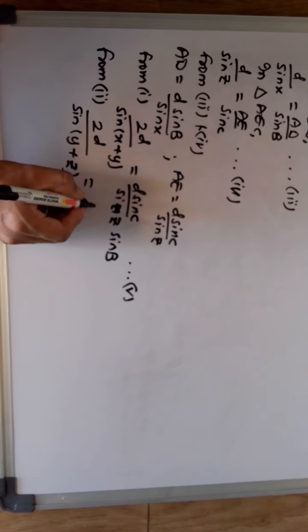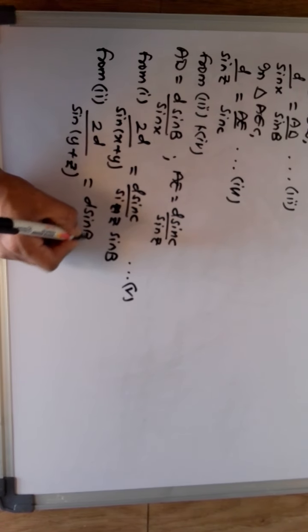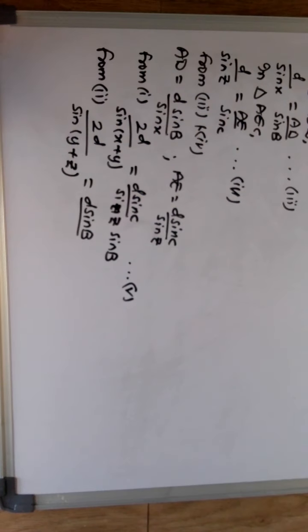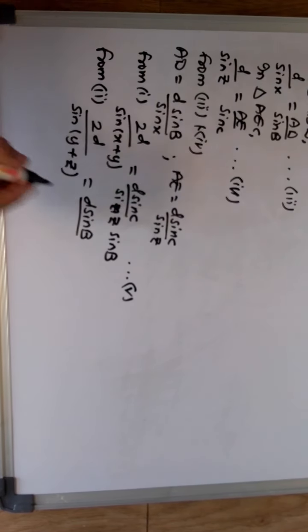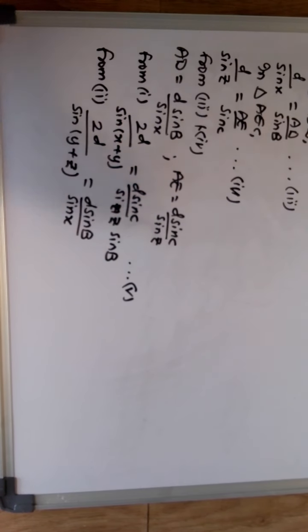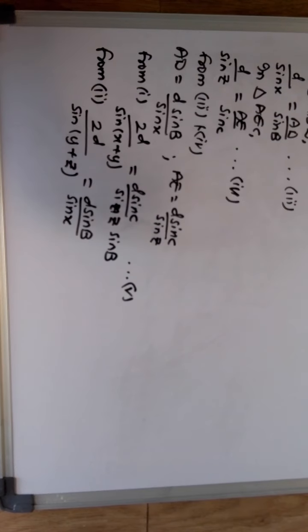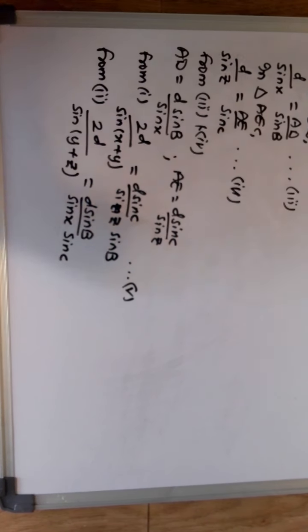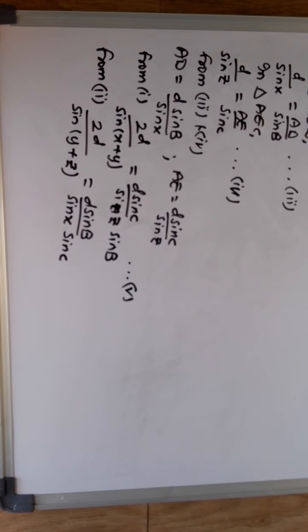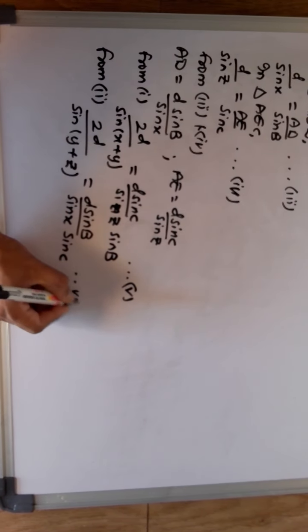So AD is D sin B is to sin x, right? And here the second statement has your sin C with it. So this is your sin C, right? That means I got very clearly the value of sin x plus y and sin y plus z. This is your sixth one.